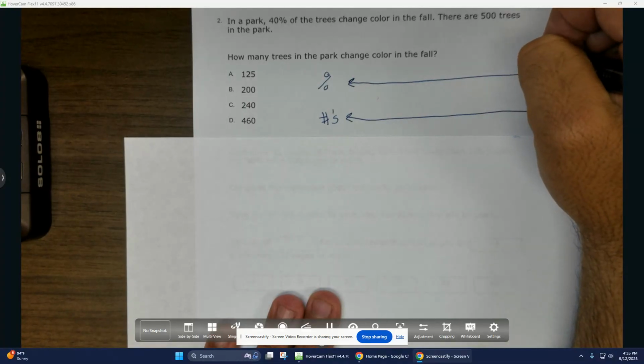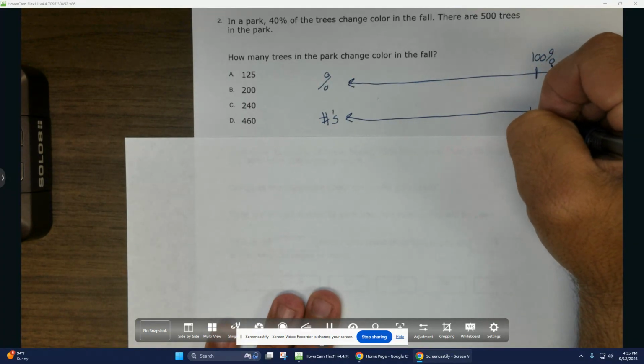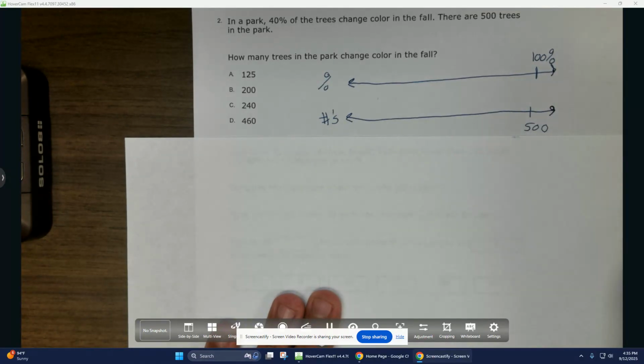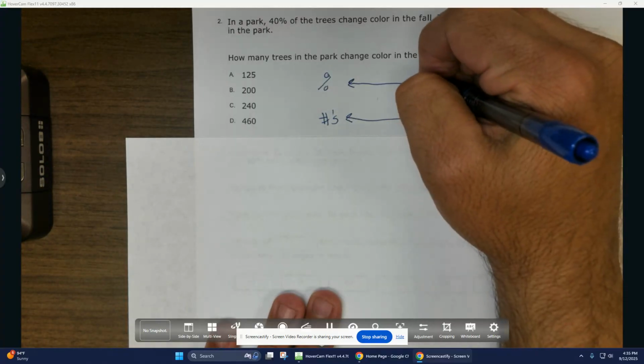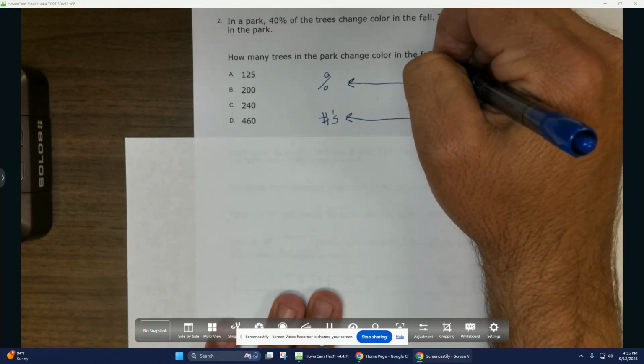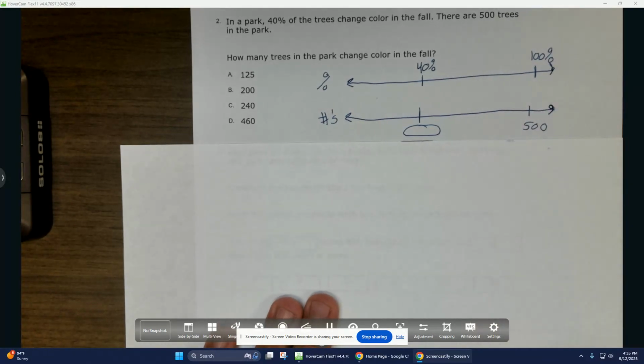We know that 100% represents 500 trees. There are 500 trees in the park. That's what it says. We need to know how many trees make up 40%. So that's what we're solving for.